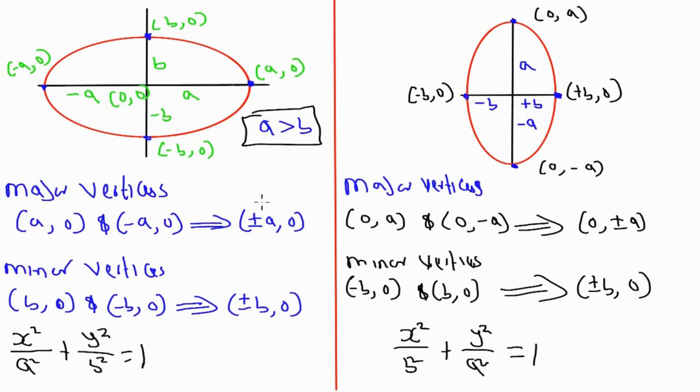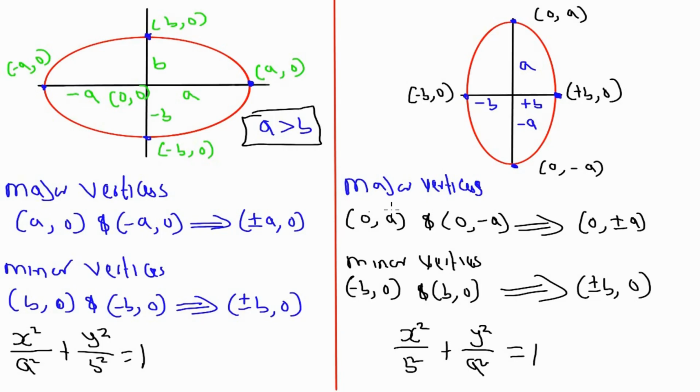So now we have two ways that you can use to know what type of ellipse you have. Either you can use the illustration by just seeing it, or secondly, you can use the coordinates of the major vertices. If the major vertices have the higher value along the x-axis, meaning the x-coordinate comes first, it means you have an ellipse that is horizontal in orientation.